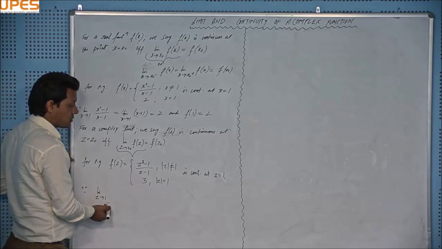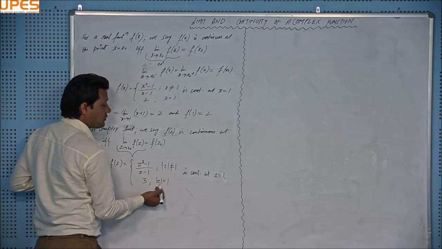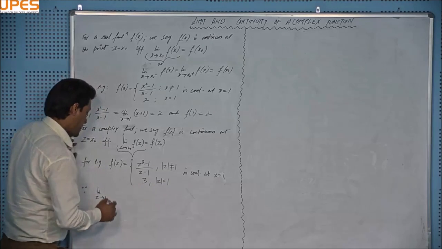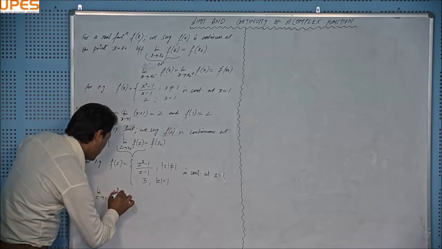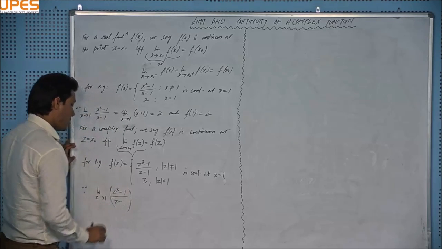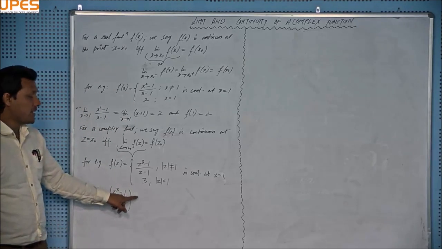So the condition for mod z equal to 1 cannot be used. You have to use the other one, not equal to, and that will give me z cube minus 1 upon z minus 1. On plugging z equal to 1 here, you will get the 0 by 0 form.